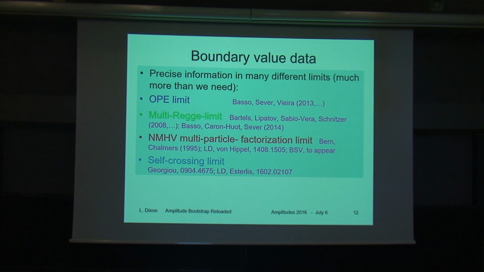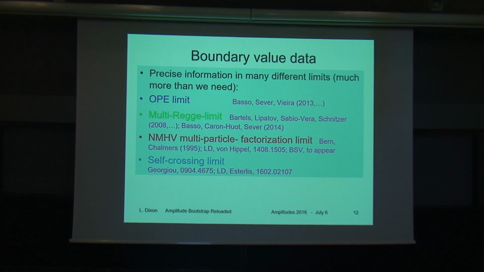So what kind of boundary data can we use to either fix the ansatz or cross-check it? Well, I already mentioned we have the OPE limit that applies when 2 of the 6 gluons become parallel. And when you expand around that limit in the kinematic variable that's vanishing, the power law terms in the expansion are different numbers of flux tube excitations, basically.